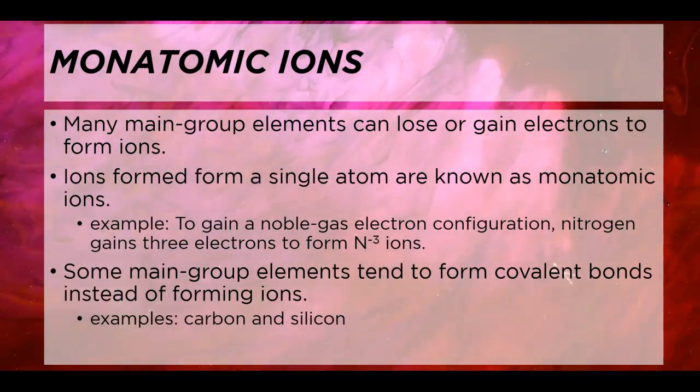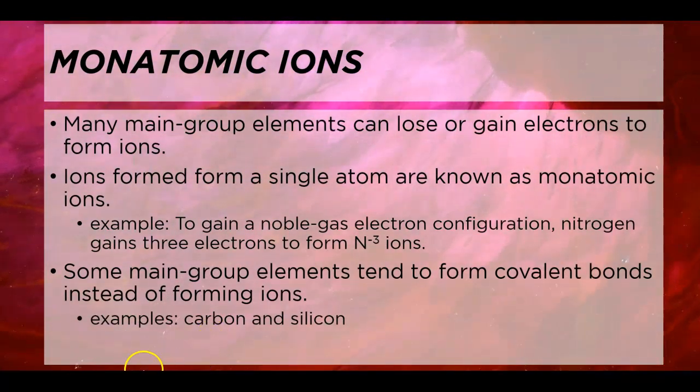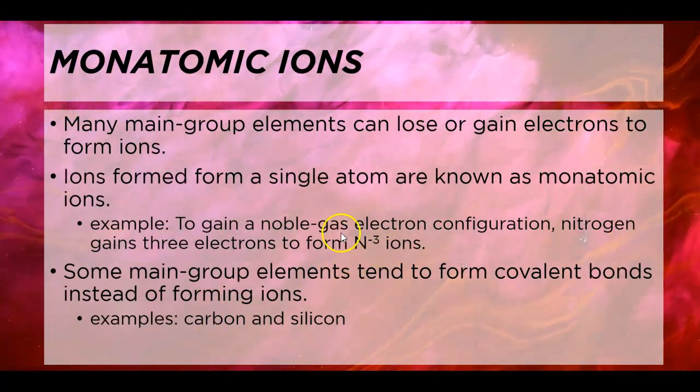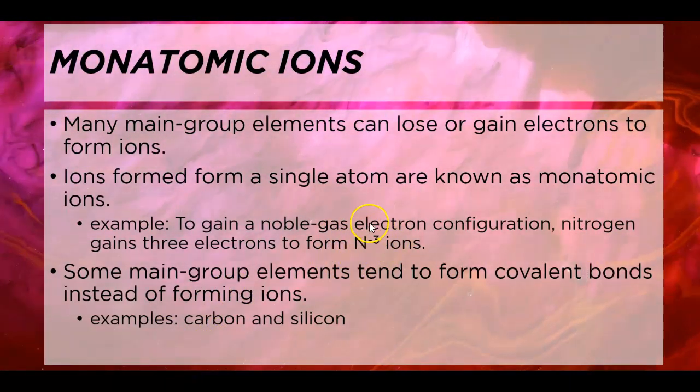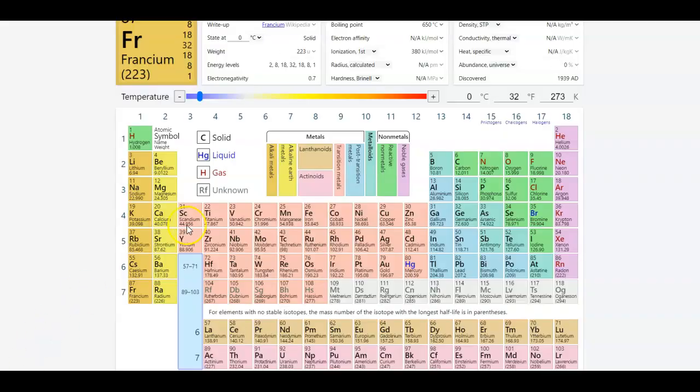Monatomic meaning that there's only one atom in that ion. And my example here is nitrogen. How do we know that nitrogen would have a -3 charge? I can look at the periodic table and decide, is nitrogen better off moving backwards to become like helium, or is it better off moving forward to become like neon?